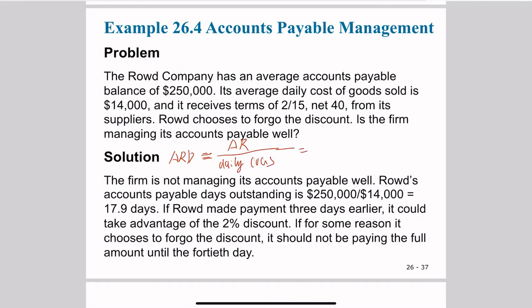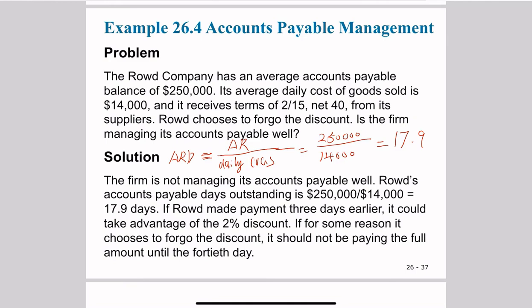Now we plug in numbers. So we have 250,000 divided by 14,000, which will give us a number of 17.9 days.